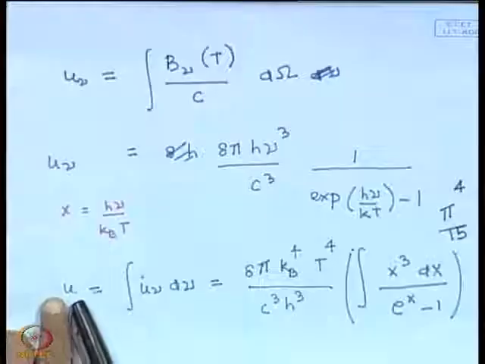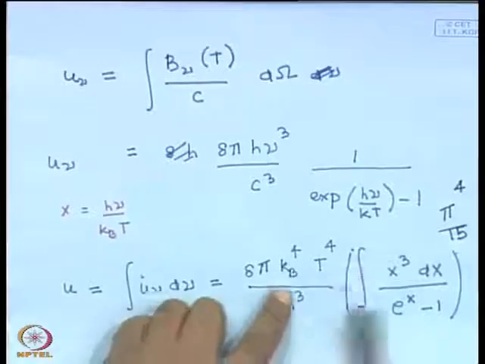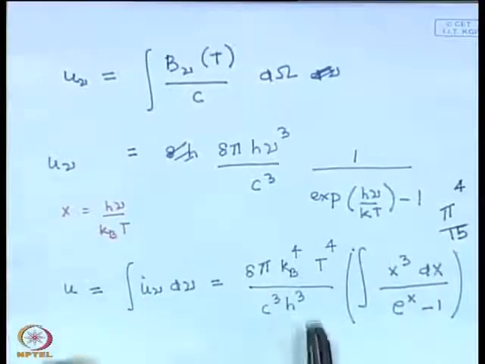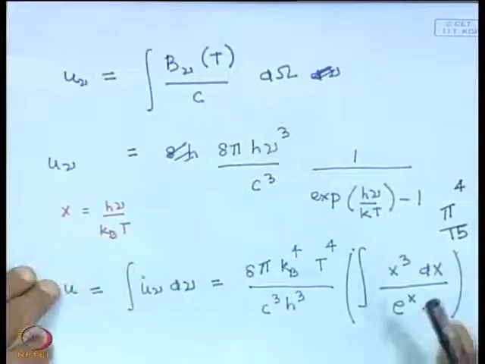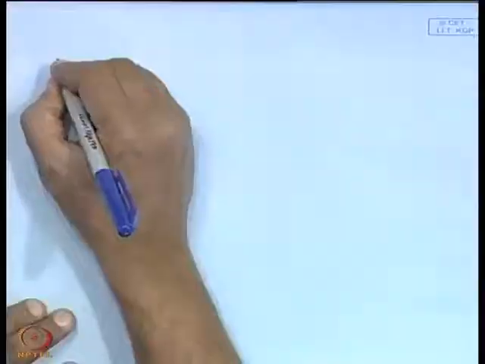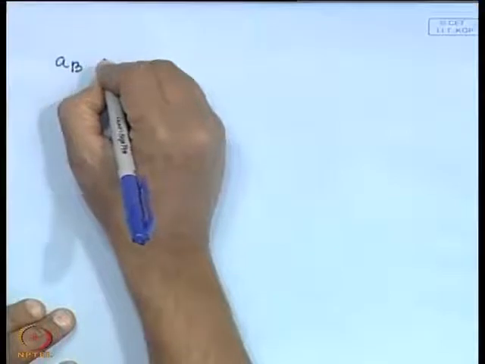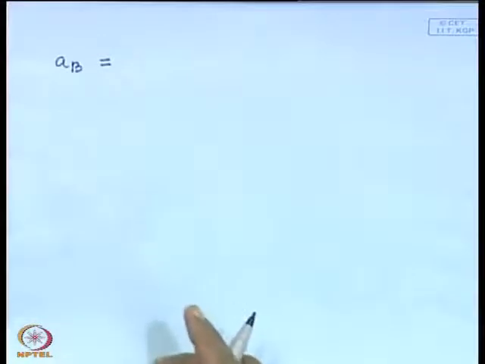So now you see the energy density is some constants into T to the power 4, and these constants we had given the name the Stefan constant. So we can straight away identify what the Stefan constant is. The Stefan constant a_B is equal to, let us identify what it is.